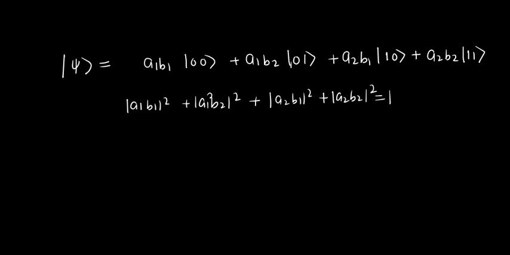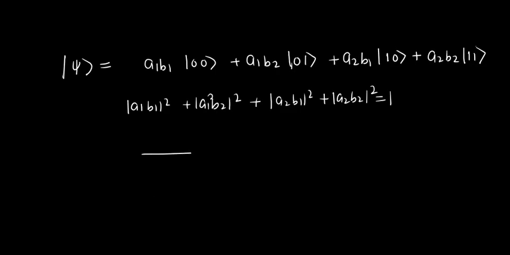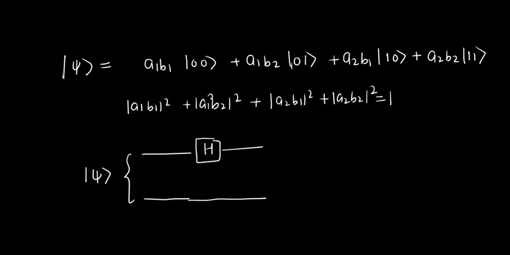Right. So if we have a composite state phi of a two-qubit setup, and if we apply a Hadamard gate to it, what will be the corresponding output state? As I told you, first you write phi as a tensor product like this.